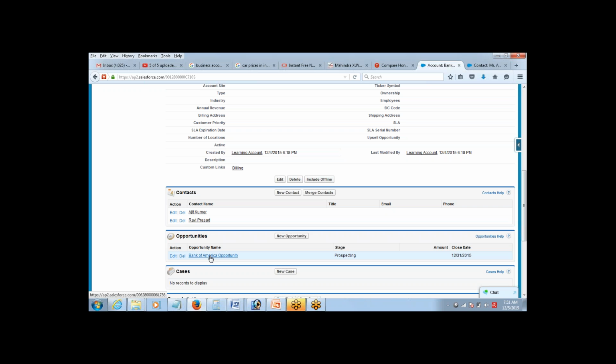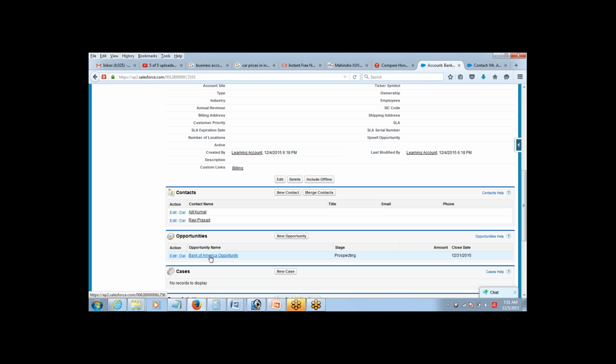Right. So if he says that they are actually looking for notebooks, he will give us some more information about it, like when are they planning to buy, what is the quantity that they are planning to buy, right? So they might tell us that, see, we are planning to buy 50,000 notebooks by February. Okay.